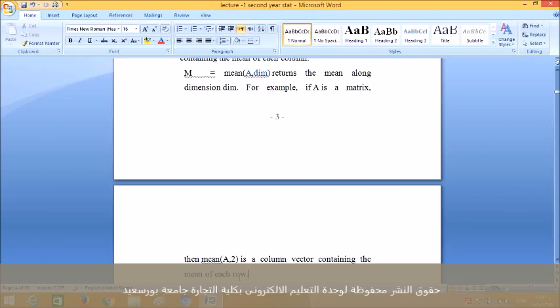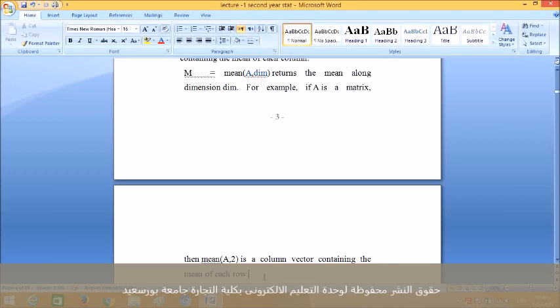But if you use mean of A and 2, I mean when you want to compute the mean for rows of the matrix, the result will be in the shape of a column vector, not a row vector like dim equal 1 or without dim.